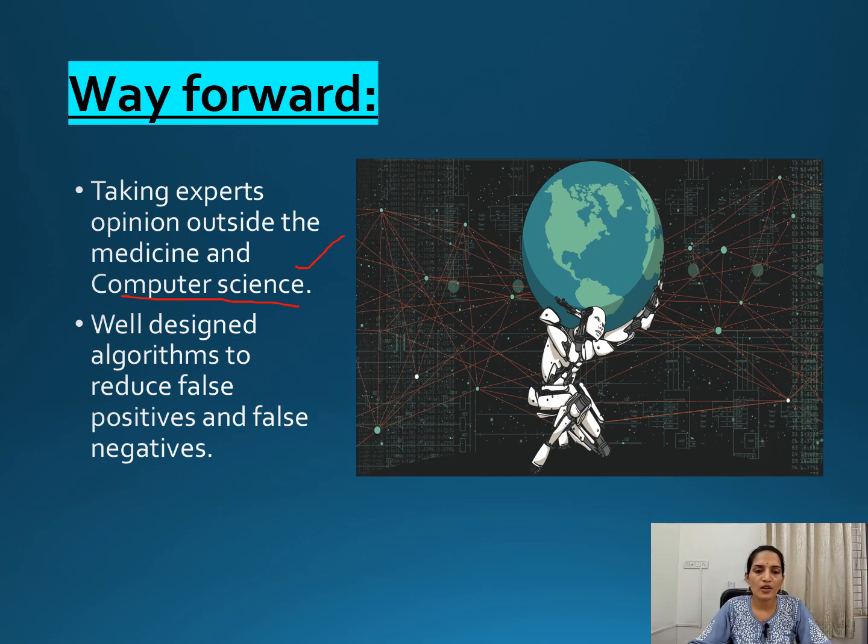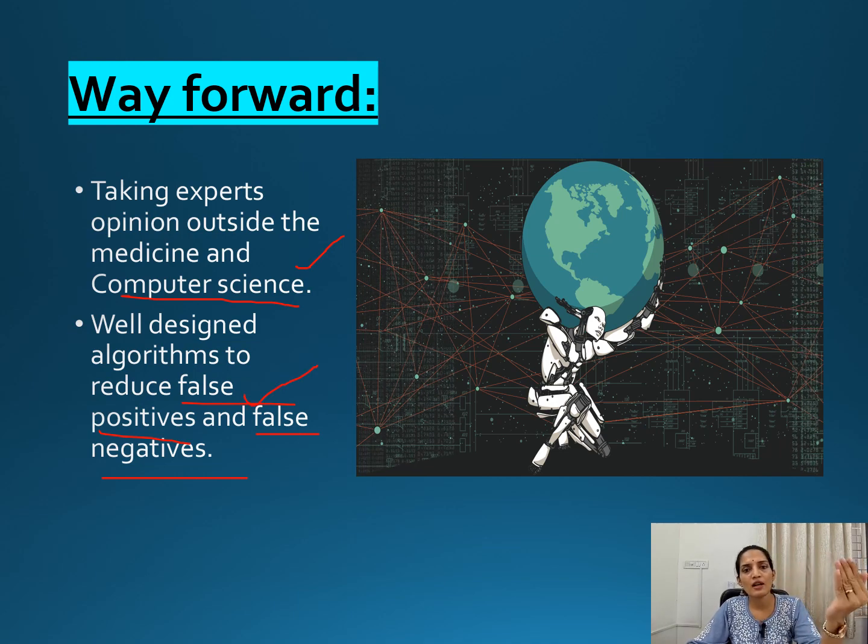And coming to the next point, well designed algorithms can reduce the false positives and also the false negatives. False positives are dangerous and false negatives as well. As I have given the example of cancer, right? If a person without having cancer is detected as having cancer by these machines, that is a false positive.